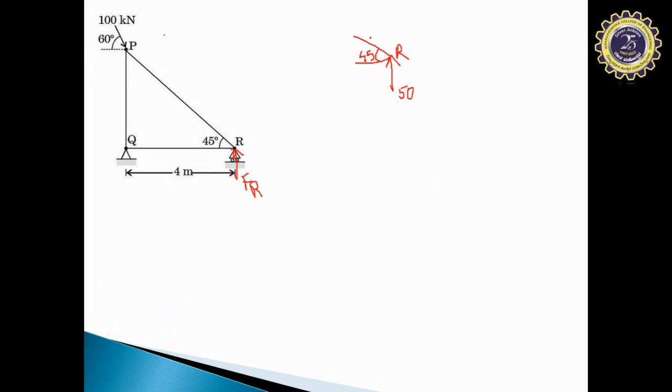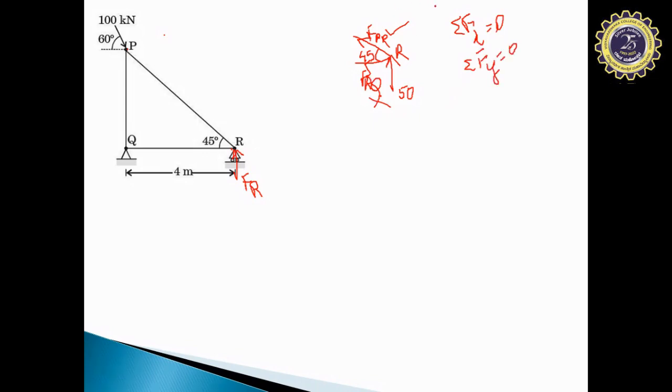We have to find out what is FPR. We are least bothered about what this is, FRQ, right? Because in the question we only need FPR and not FRQ. So we can make use of any one of the formulas, be it sigma Fx equal to 0 or sigma Fy equal to 0.